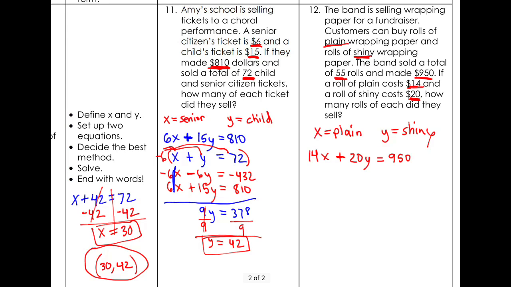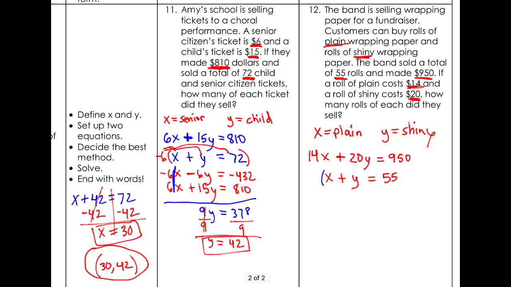Okay, so again, we already defined x and y, so we know we have plain plus shiny is equal to a total of, we underlined it here, 55 rolls. So when you add the plain rolls combined with the shiny rolls, you get a total of 55 rolls. I think I'm going to go ahead and solve this by elimination once again.